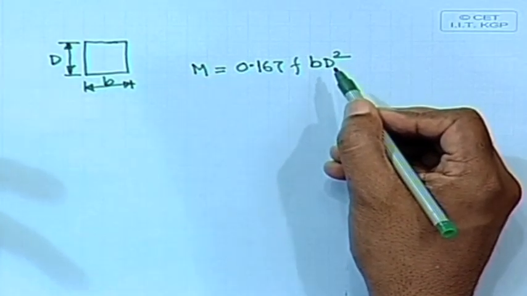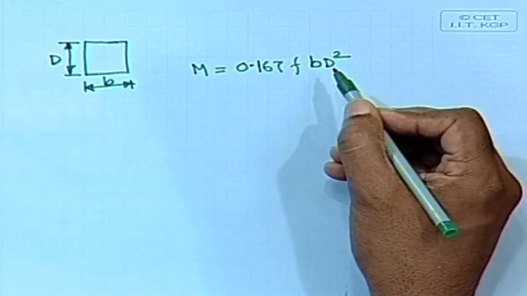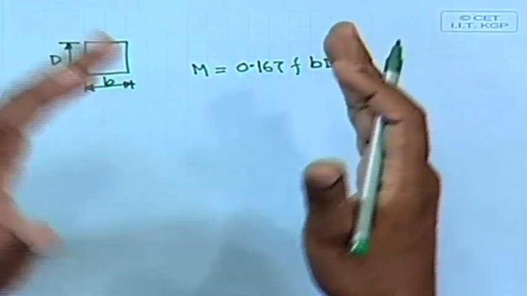In other way, let us assume B and D and find out the corresponding moment of resistance, and that moment of resistance should be more than the moment developed due to external load and self weight.